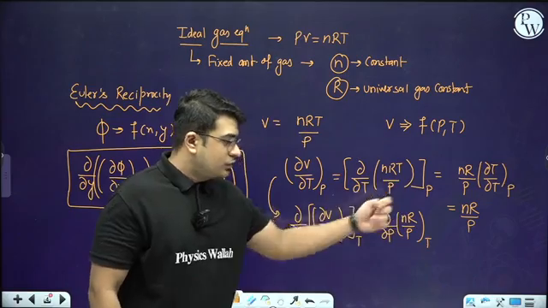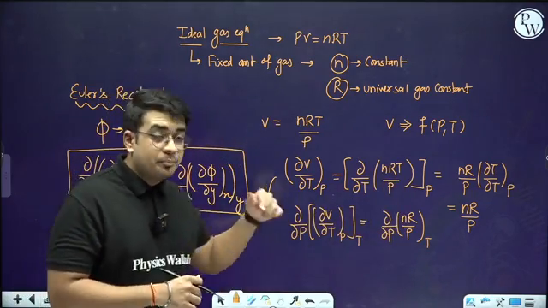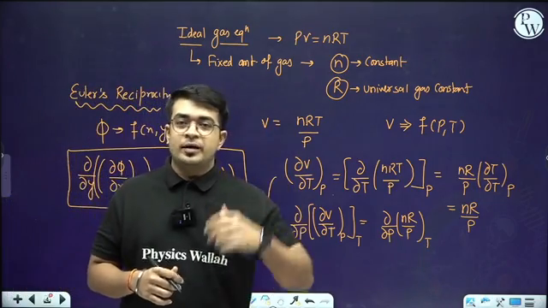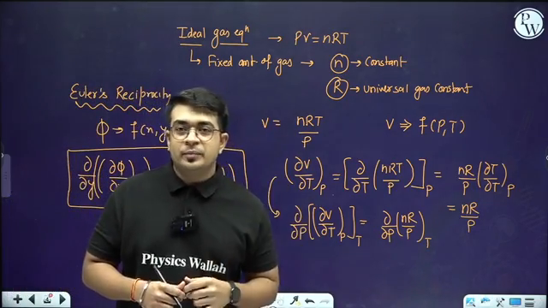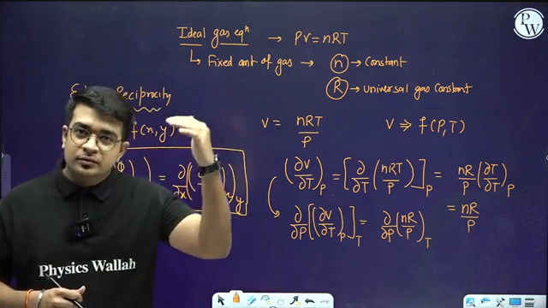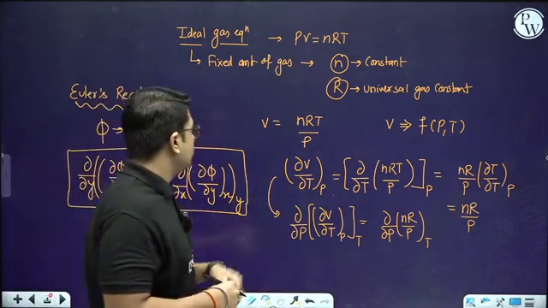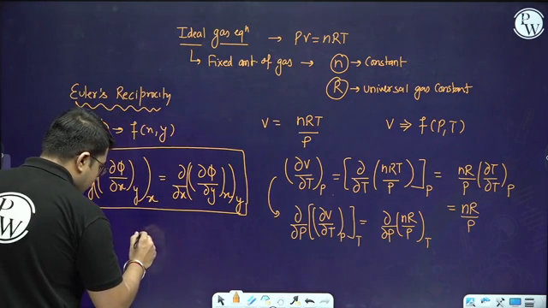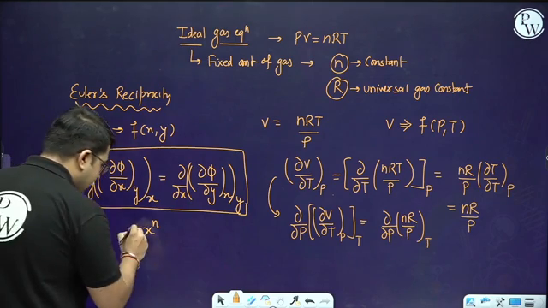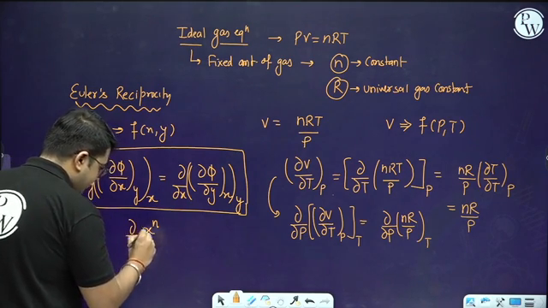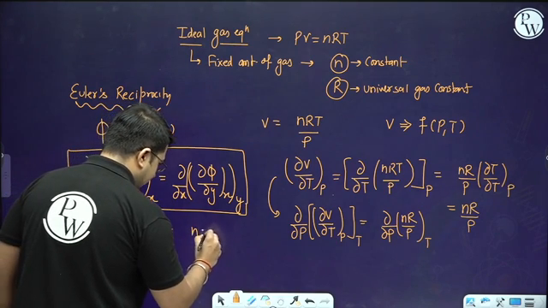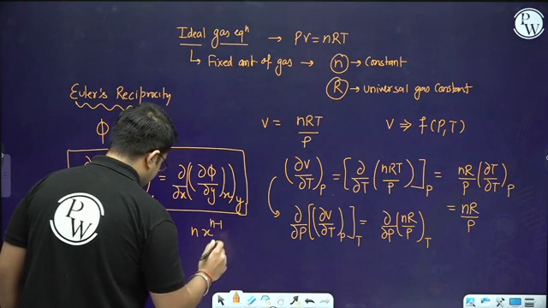Now if I move this entire part to the upside, it will become P raised to the power minus 1. For differentiation, we know the formula: let's say we have a quantity x raised to the power n, and if I differentiate it with respect to dx, that will be equal to n coming down and x raised to the power n minus 1.